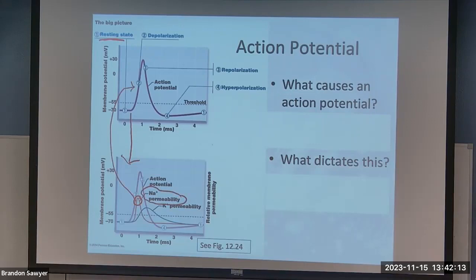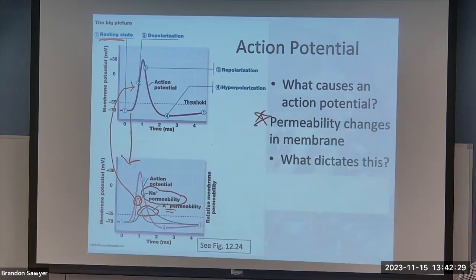And then right about here, we can see that potassium permeability increases a lot during repolarization, and it's still pretty high during hyperpolarization. So what causes an action potential is when we change the permeability of the membrane to ions.